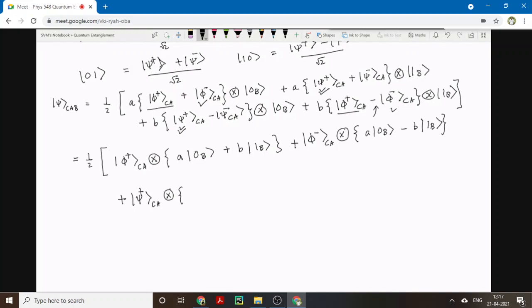So that is A times 1B plus B times 0, plus we have psi minus CA, which is equal to, so psi minus CA is here and it is here. So that is A times 1B minus B times 0.